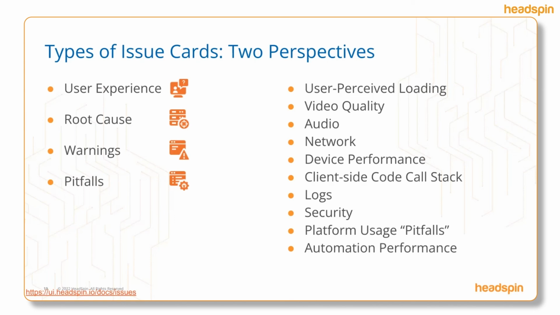So that's just two different perspectives on how to group issue cards. Use whatever you find to be useful, but you will see issue cards grouped according to these categories in our documentation. And of course, the issues are always going to be referring to something semantically in terms of the data with these groupings on the right-hand side.